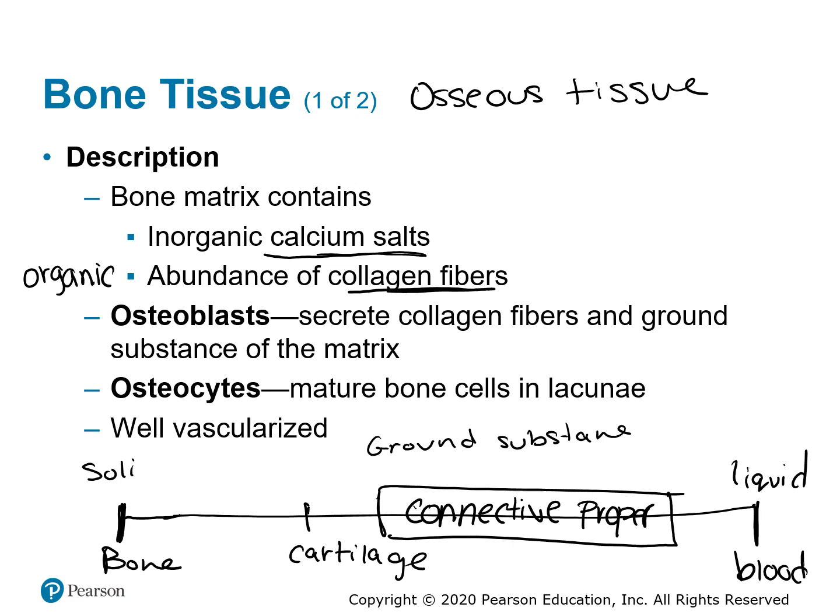Okay? The cell types within our bone tissue are osteoblasts and osteocytes. And just like everything else that we've talked about, the blast cell secretes those collagen fibers and that ground substance to make that extracellular matrix. And the osteocytes, the site cells, are the mature bone cells that do maintenance.